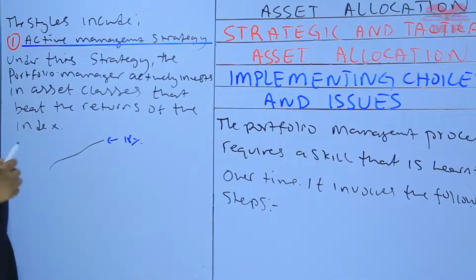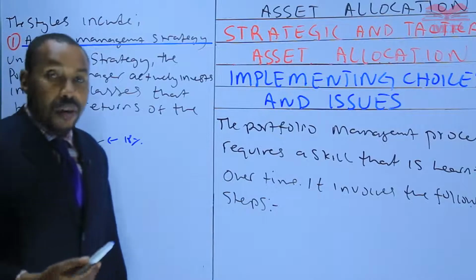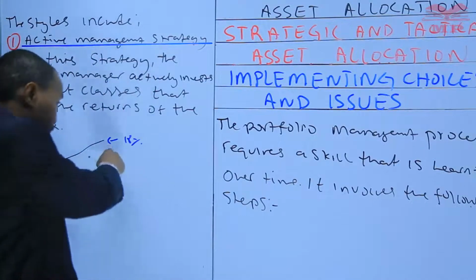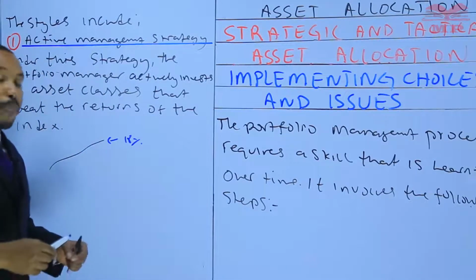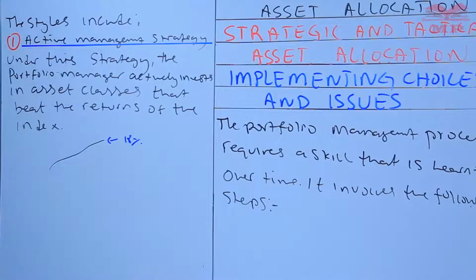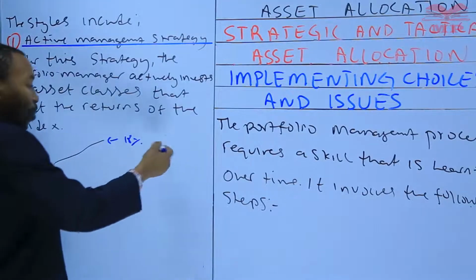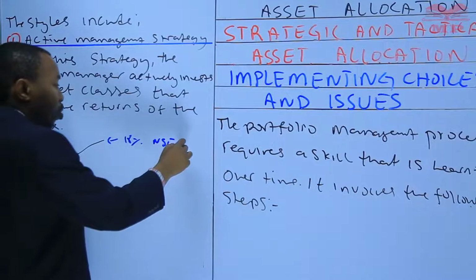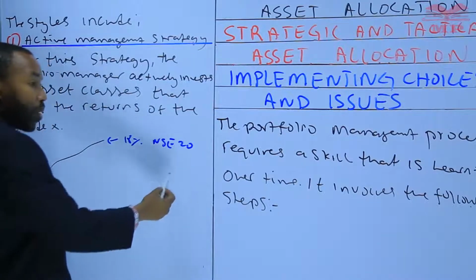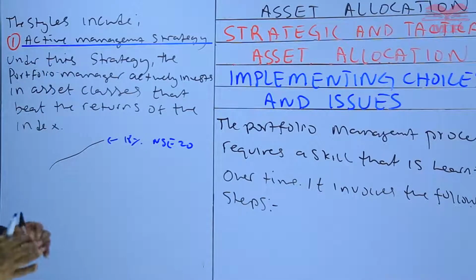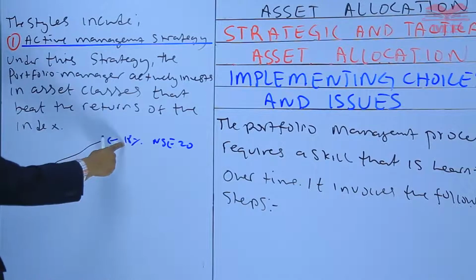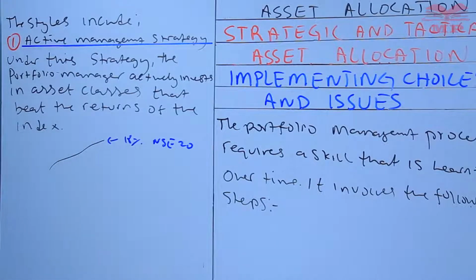So you identify undervalued securities or undervalued equities in this example, so that you can beat the index returns. NSE 20 means the 20 companies combined in a portfolio of equities, with a return of 18%.